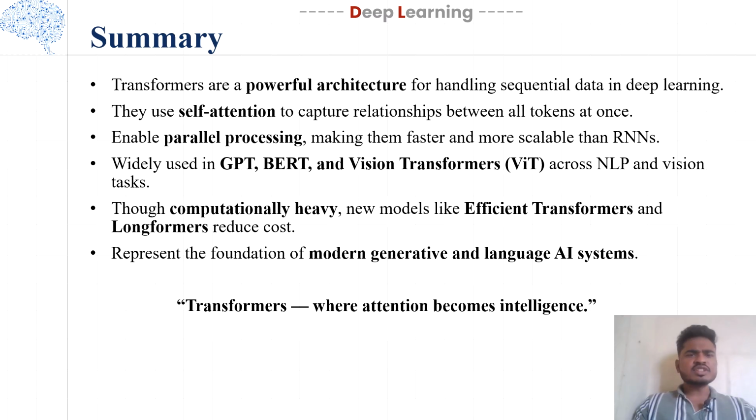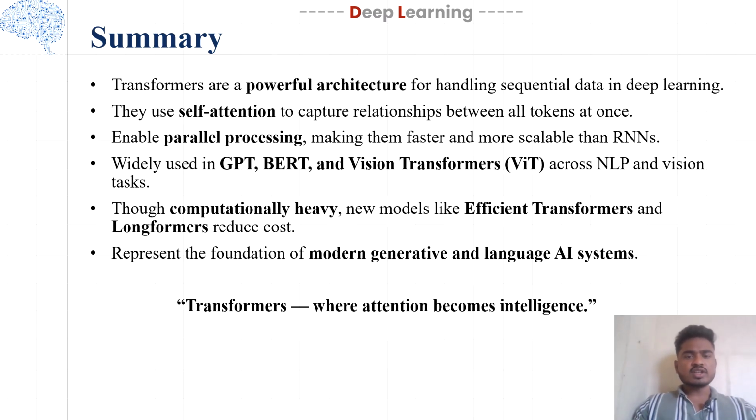Here we come to the summary of transformer architectures. It is a powerful architecture for handling sequential data in machine learning. They use self-attention to capture relationships between all tokens at once, enabling parallel processing, making them faster and more scalable than RNNs. They are widely used in GPT, BERT, and Vision Transformers, ViT, across NLP and vision tasks.